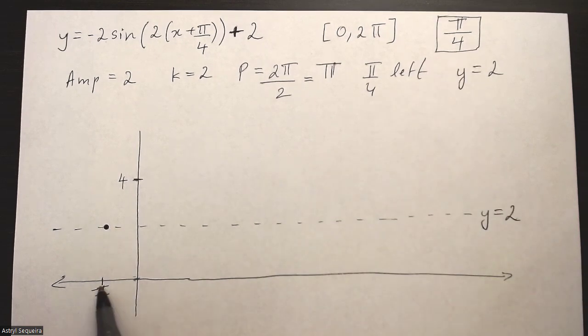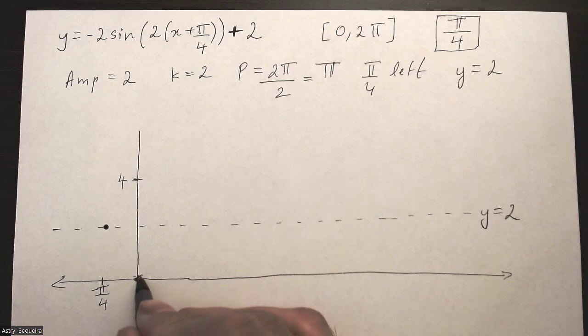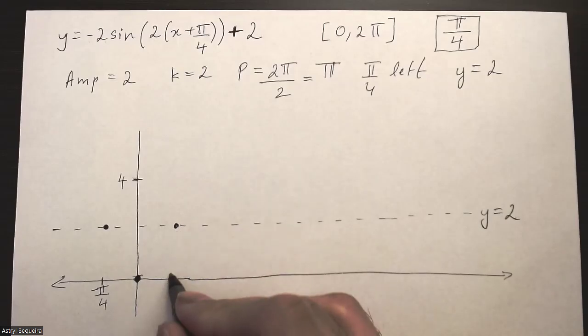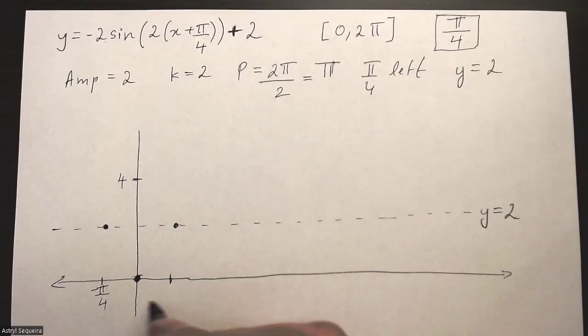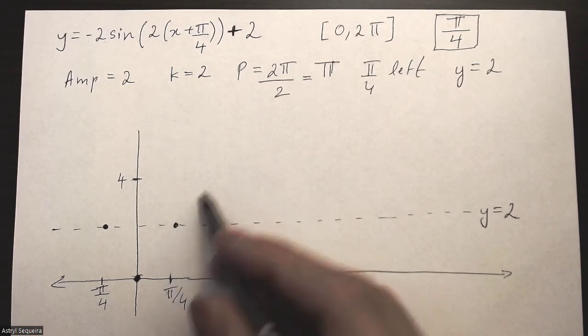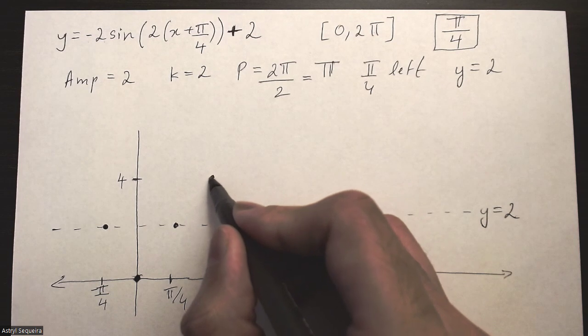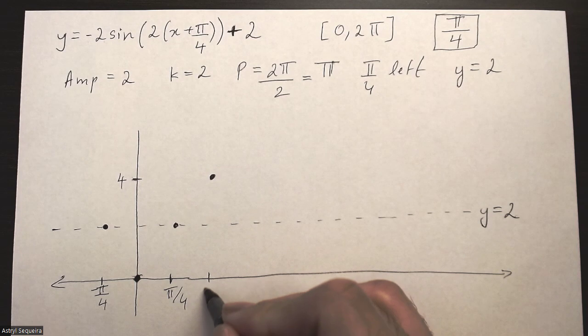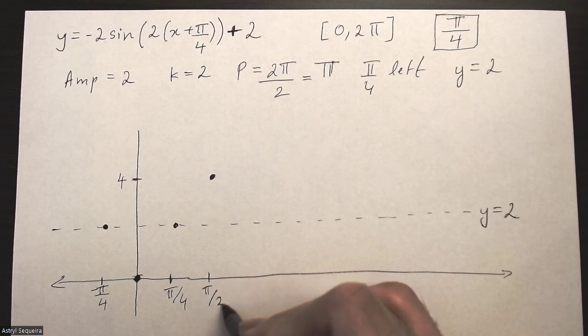If I add pi over 4 here, it'll be exactly at 0, 0. Then my next point is an axis point, which is going to be adding another pi over 4, so positive pi over 4. Then my next point is my maximum, and if I add another pi over 4, I will get pi over 2.